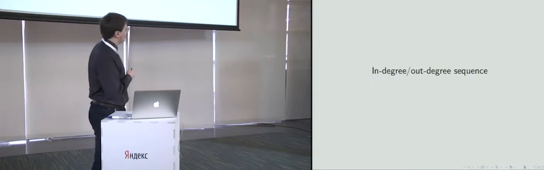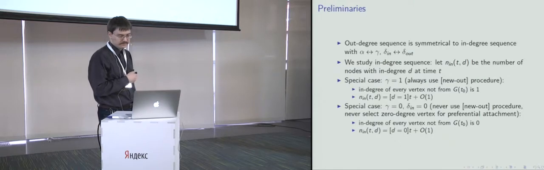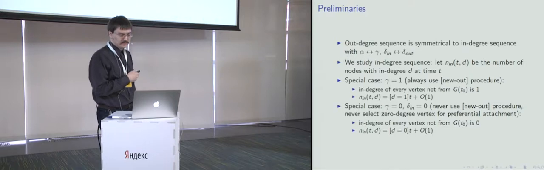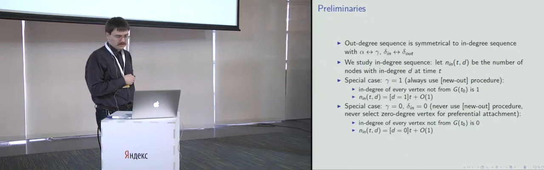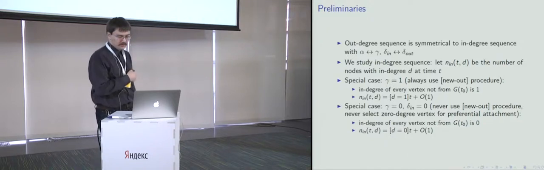The first problem is the description of the in degree or out degree sequence. Obviously, out degree is symmetrical to in degree with some parameters exchanged, so it's sufficient to study the in degree sequence. There are some special cases. If one of the parameters is 1, then every new vertex has in degree 1.